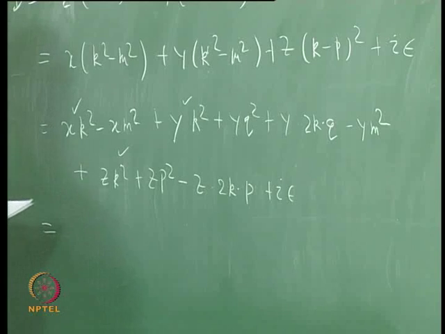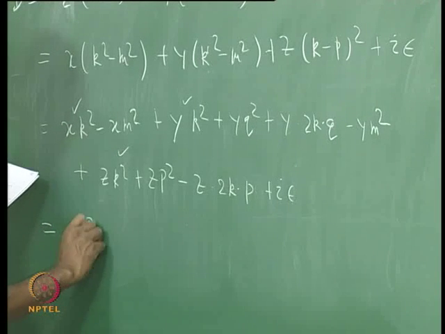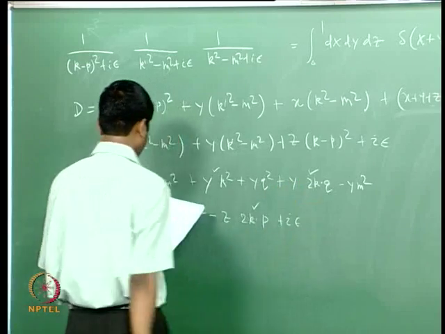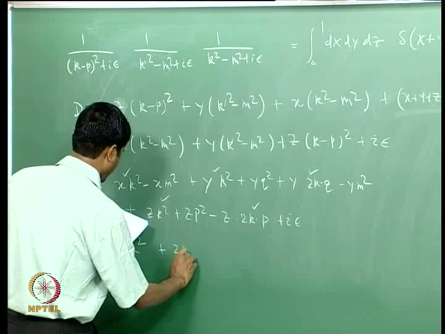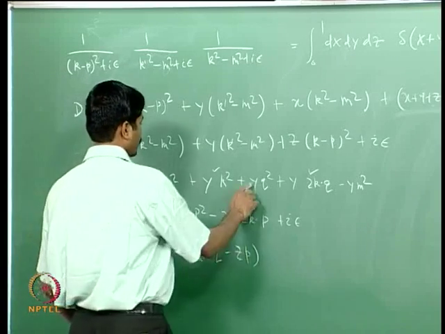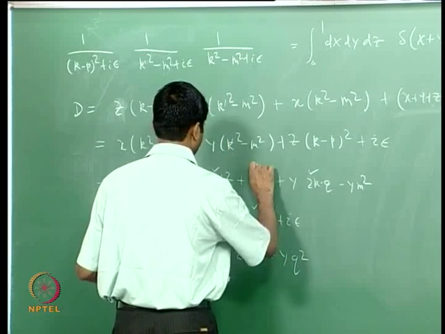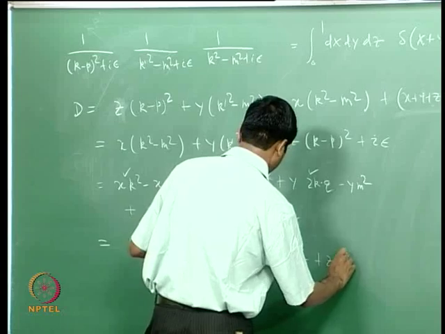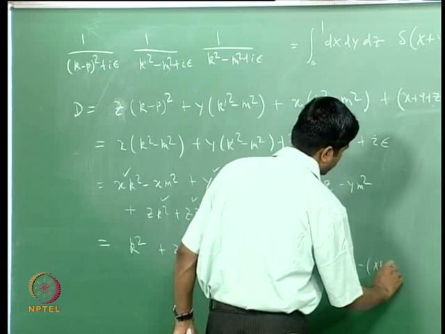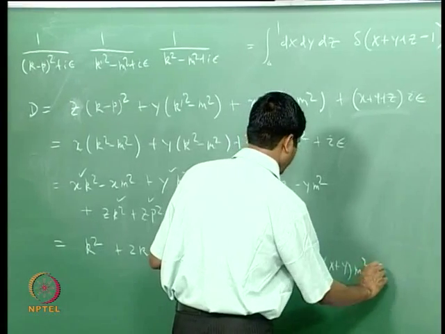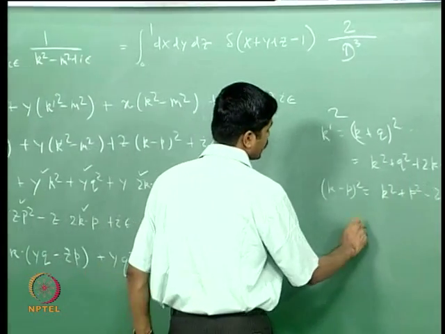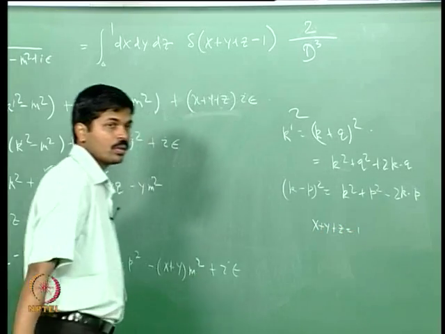So when I add them, I will simply get k square, and then you have these two quantities, which will give me plus 2 k dot y q minus z p, and then you have y q square plus z p square, and then minus x minus y m square plus i epsilon, because I have again used the relation that x plus y plus z is equal to 1.